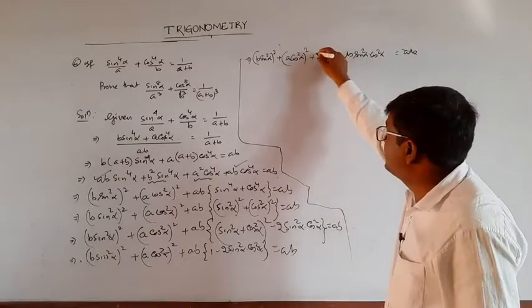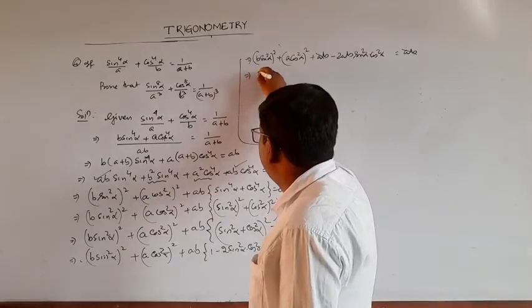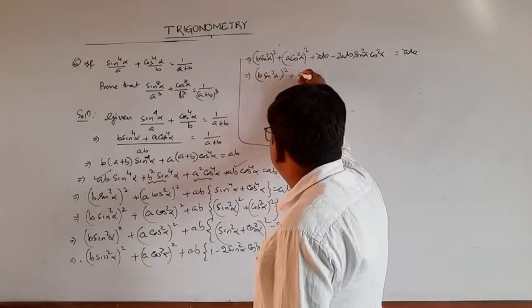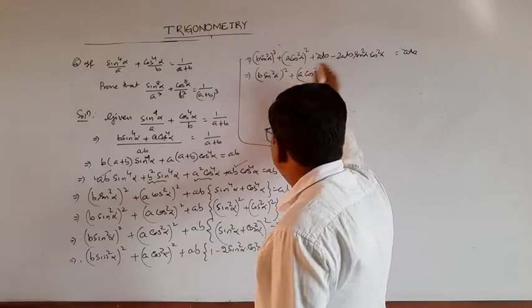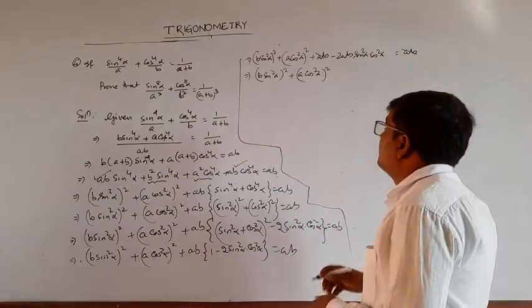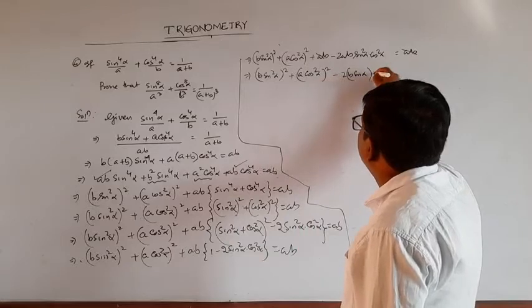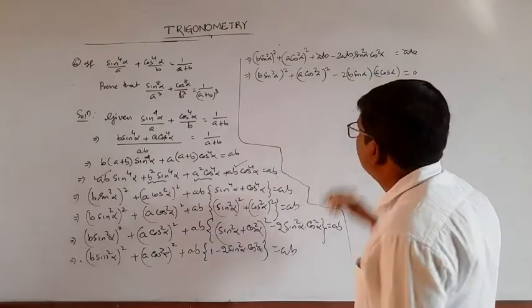So ab cancels here, and this is equal to b(sin²α)² plus a(cos²α)² minus 2 b sin α into a cos α is equal to 0.